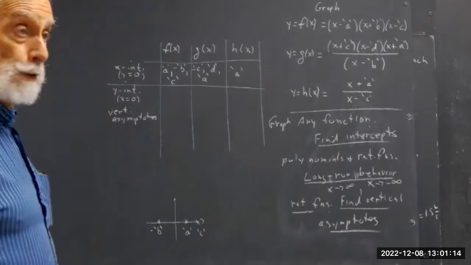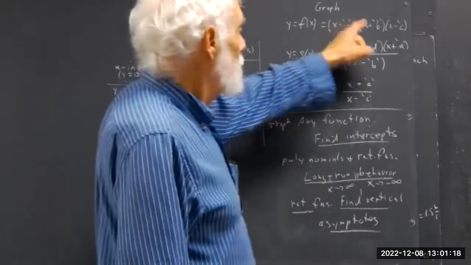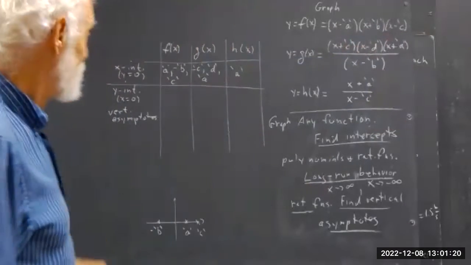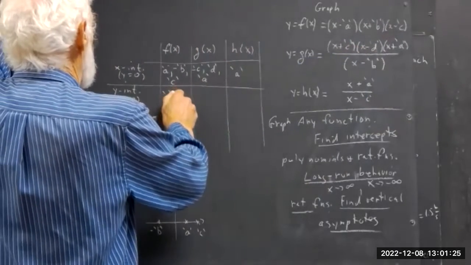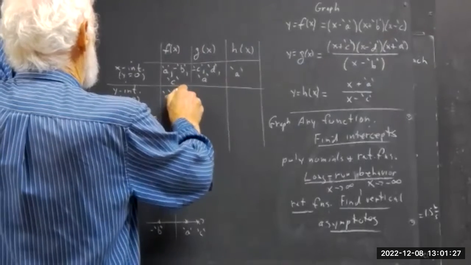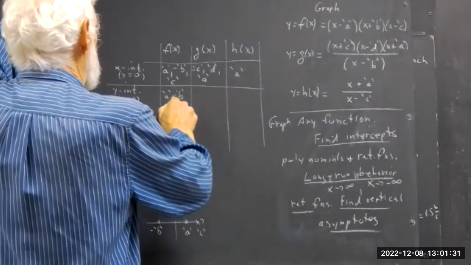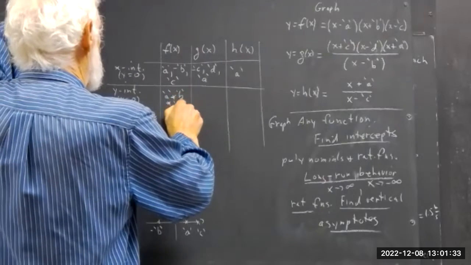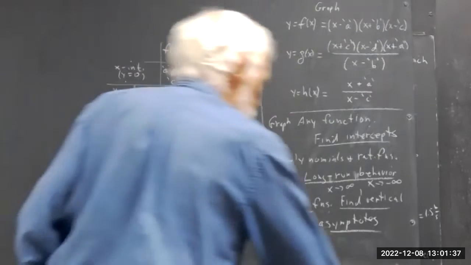Okay, now what about the y-intercept? You let x equal 0 and you get A, B, C. Those asterisks come up pretty rough, so I'm going to use parentheses.